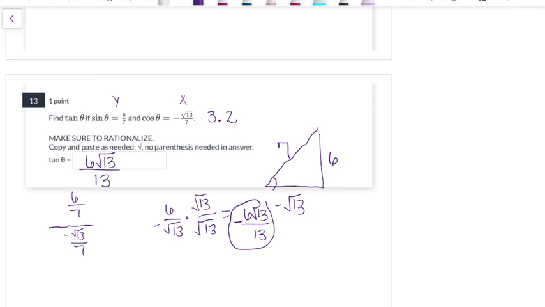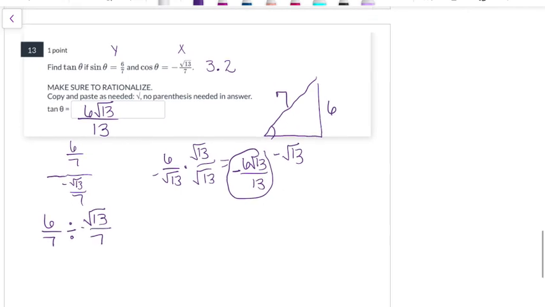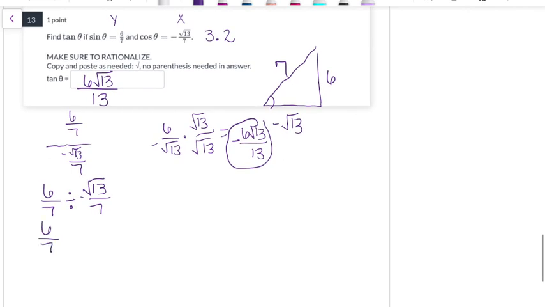And that's my final answer. If I were to do it the fraction way, it would look something like this, which means that I would multiply by the reciprocal. The 7's cancel, so I'm left with 6 over negative square root of 13, which I just rationalized to get that answer.